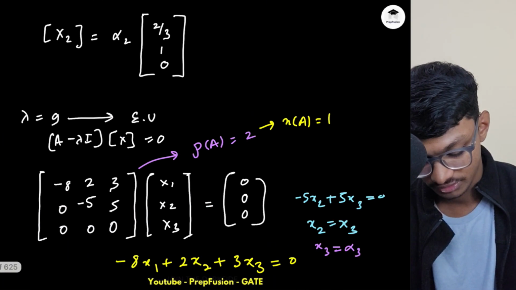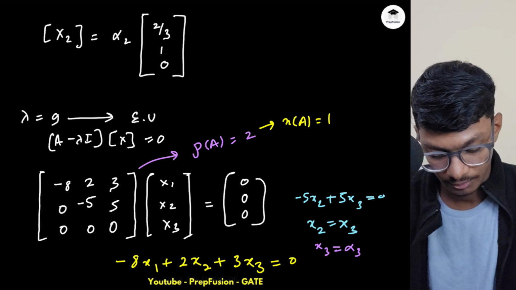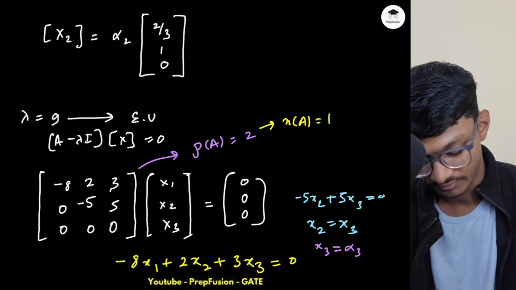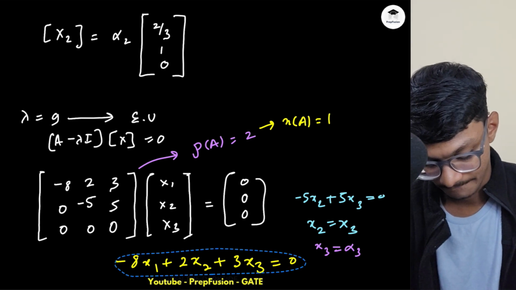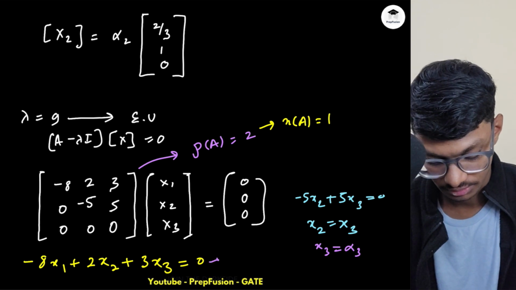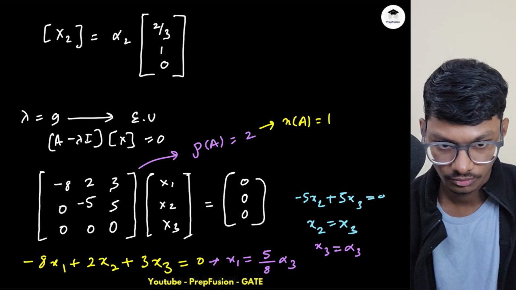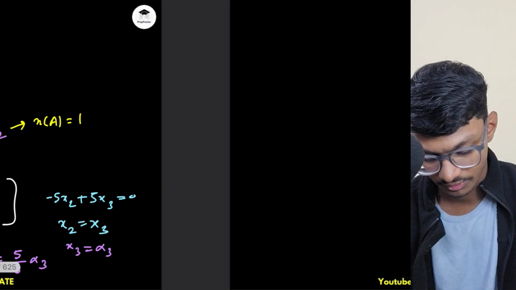Now if I choose x3 as alpha 3, x1 will be equal to 5 alpha 3 by 8. Okay, so yeah, this is basically what we get.